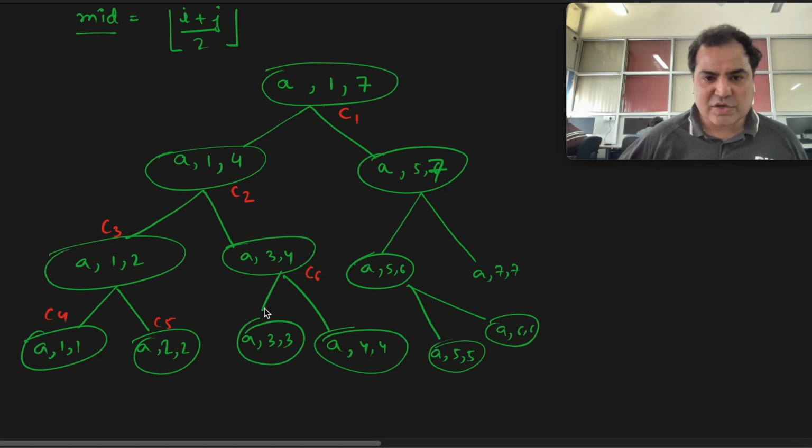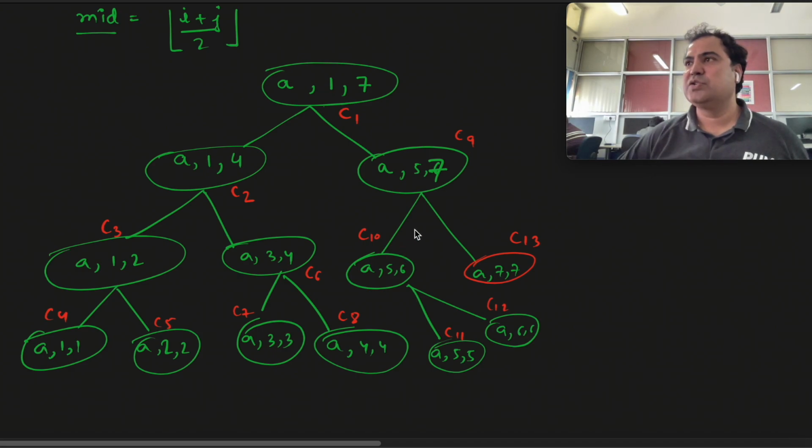Then it is the sixth call, seventh call, eighth call. And then we go to the right subtree: 9th, 10th, 11th, 12th, and this is the 13th call. This is how it is being evaluated in the tree.